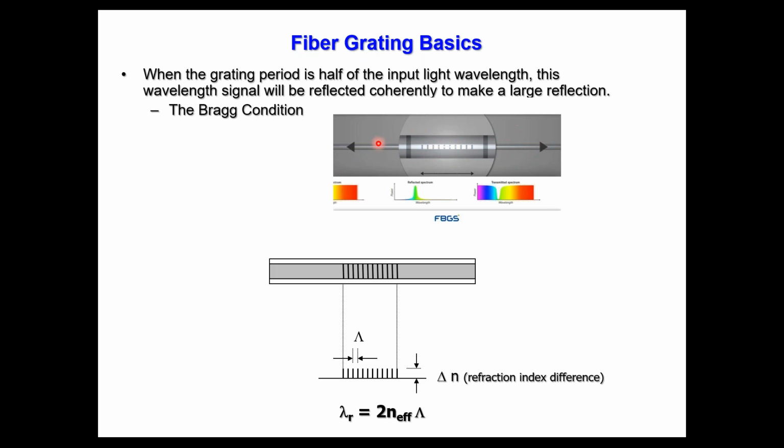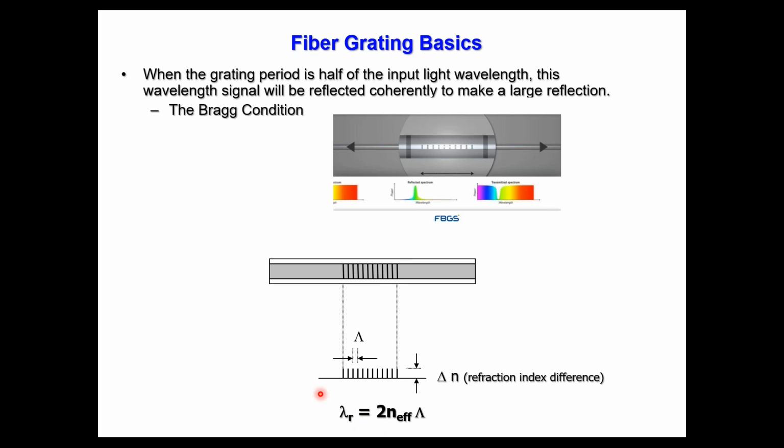So in the core of the fiber, you can write these kinds of gratings, which can act as an optical filter. Depending on the periodicity of the grating that is written, this is the periodicity, the distance between any two of these refractive index variations.